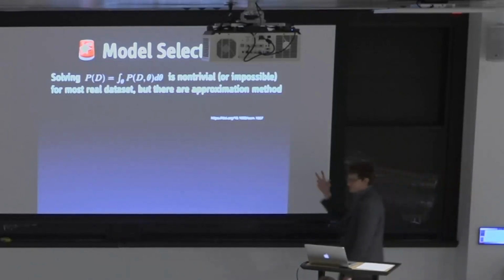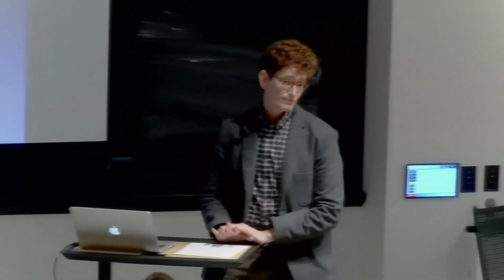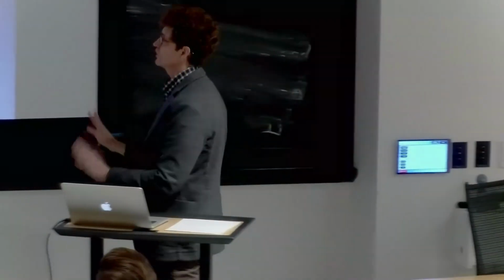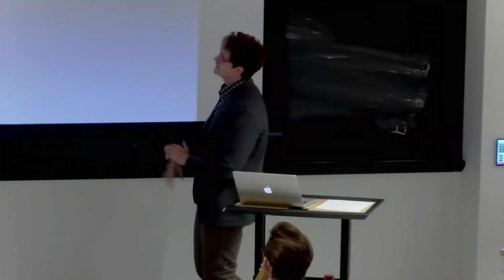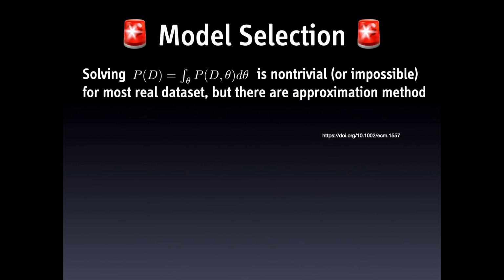And the problem is that this bit of math is often impossible to do, or very difficult to do. The way you traditionally do it numerically is through Markov chain Monte Carlo. But analytically, it's a really difficult thing to do. So instead, what we tend to do is come up with some kind of approximation method.